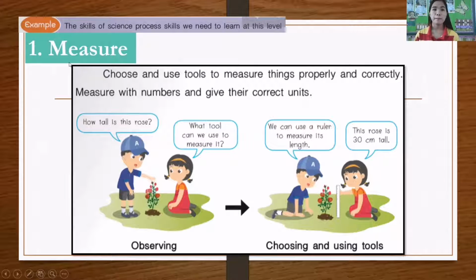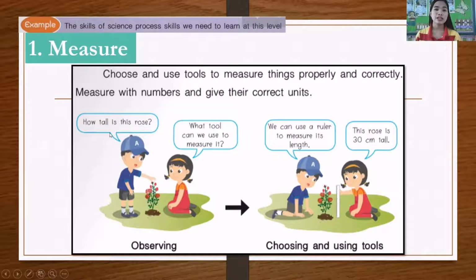Number 1, measure. In this process skill, you are going to choose and use tools to measure things properly and correctly. You are going to measure with numbers and give their correct units.